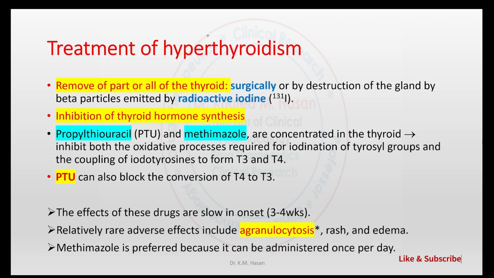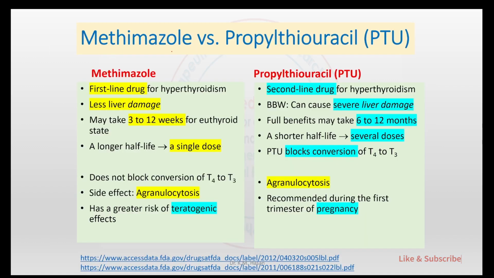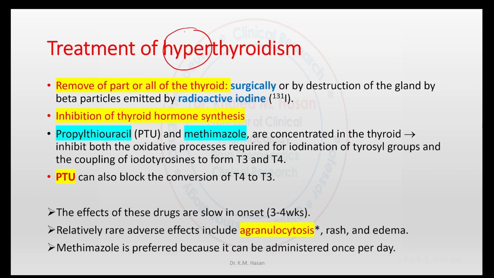If the patient has hyperthyroidism, that means we have increased activity of the thyroid gland, and you remember from the symptoms that patients suffer from tremor, tachycardia, and palpitation. How can we manage the situation? If we have goiter or tumor, they recommend removing part or all of the thyroid gland.